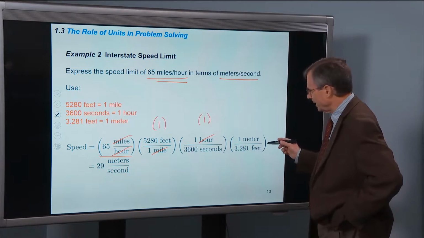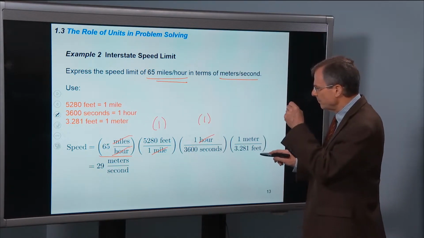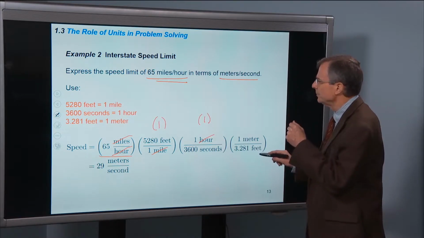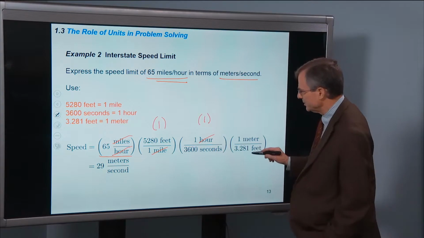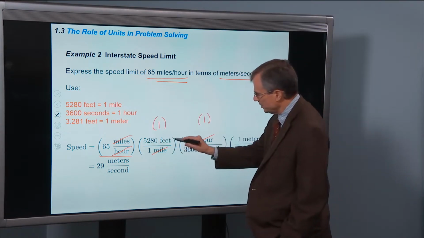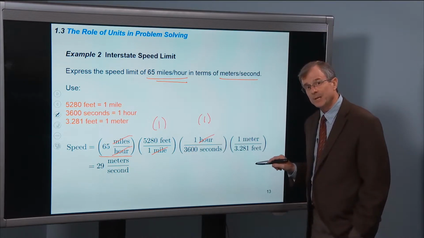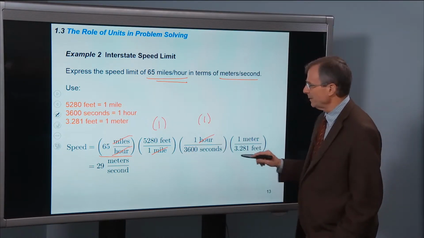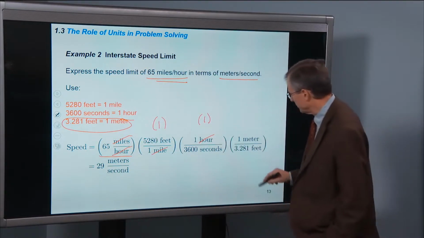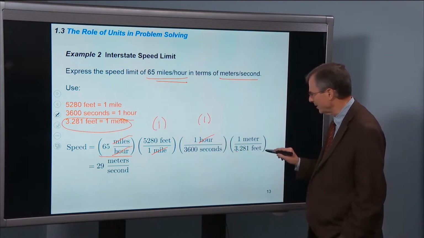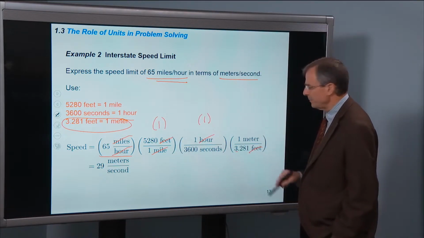Then finally, I want to convert the feet into meters. And so I've got 5,280 feet, so I'll need something in feet in the denominator, so the feet will cancel. Well, I've got the conversion factor right here, 3.281 feet in 1 meter, so I'll put the feet in the denominator, so these will cancel, and in the numerator I end up with meters.